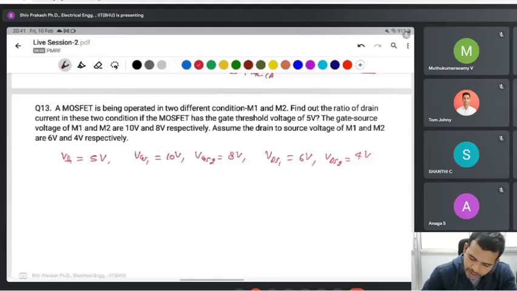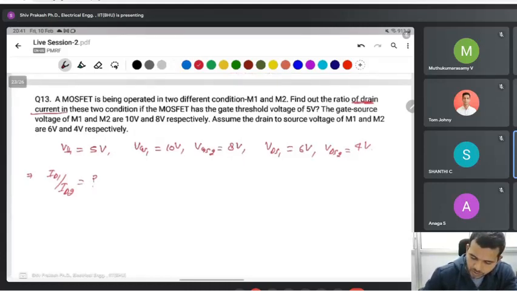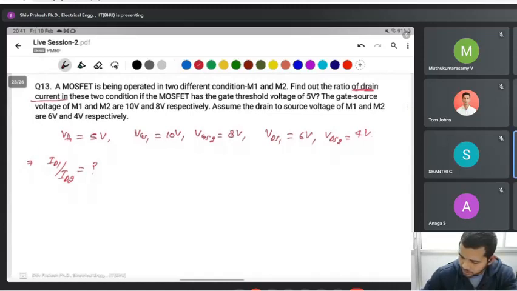The ratio of drain current in both conditions means ID1 divided by ID2. We know about the ID current. First of all, check whether VGS is greater than the threshold voltage or not.